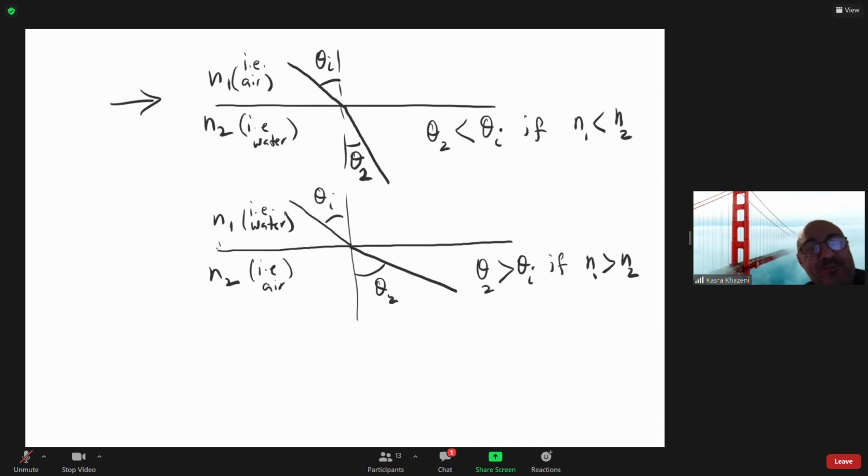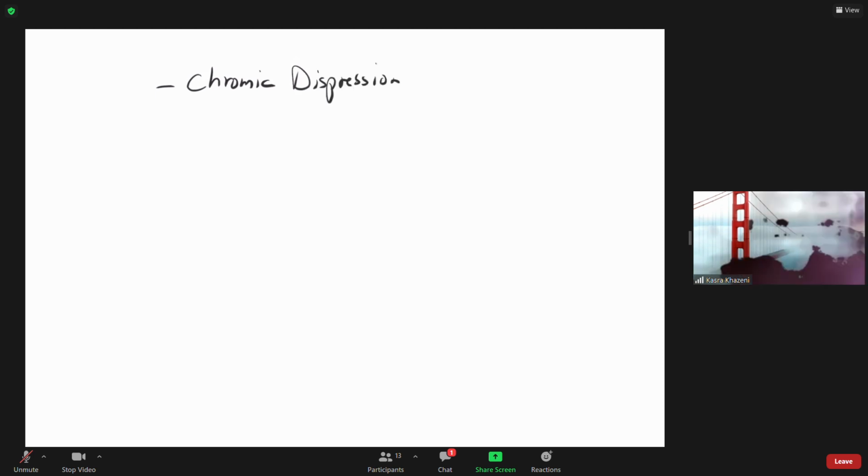Okay, now, not only that, there is a thing called chromatic dispersion. This is a little bit of a fancy scientific word.